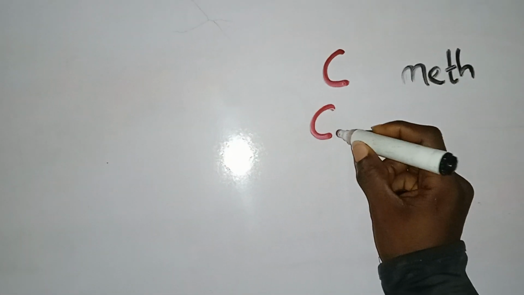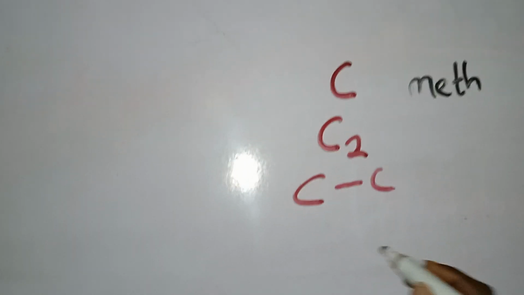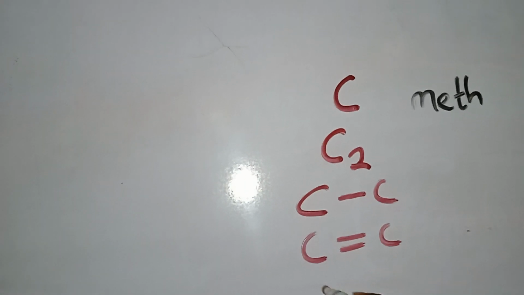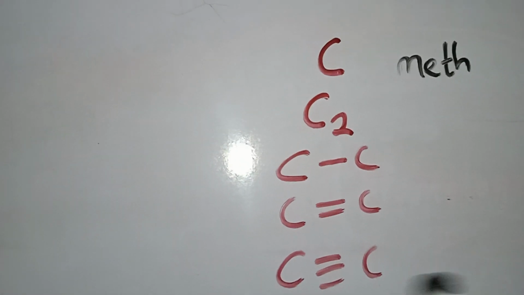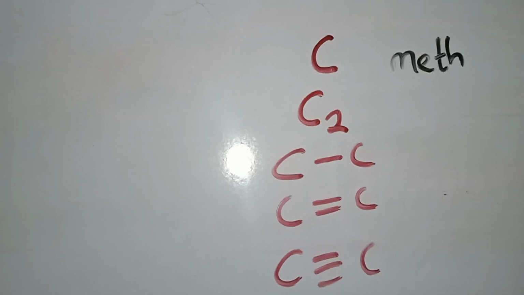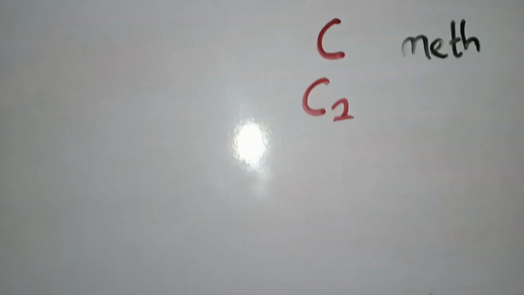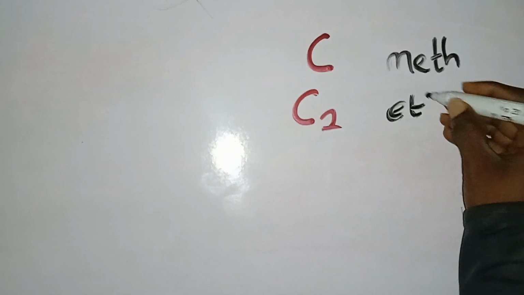I notice that the carbons I'm seeing there is 2. That is things like maybe this way, or this way, or this way. But for the fact that I'm seeing 2 carbons, this is called eth.